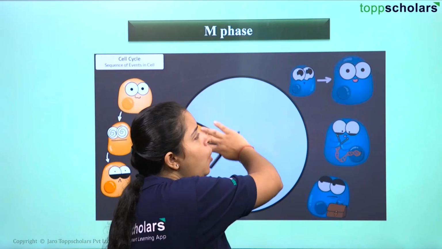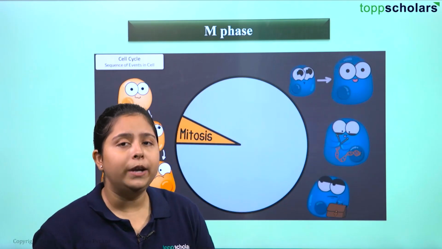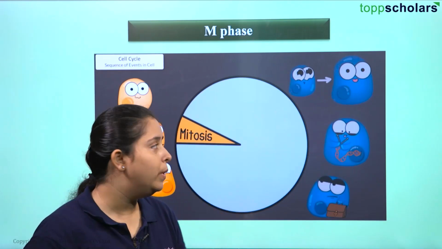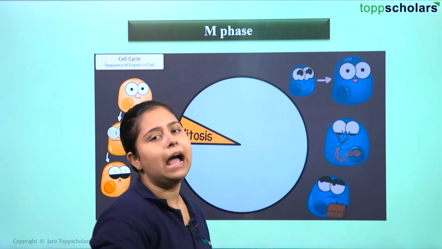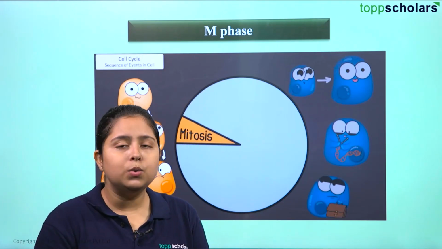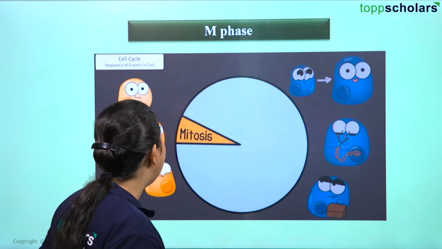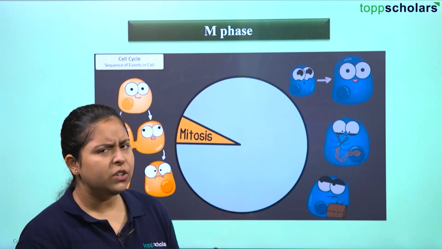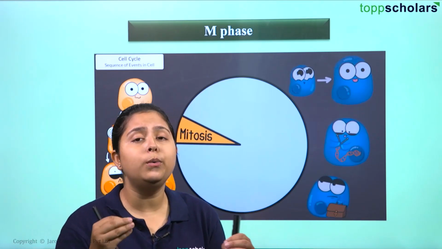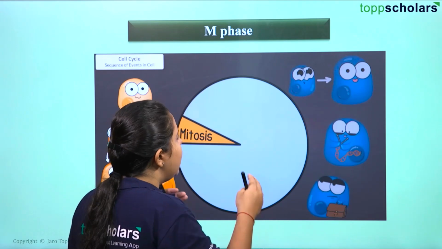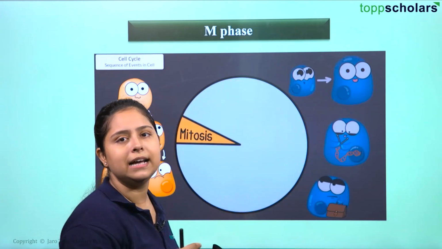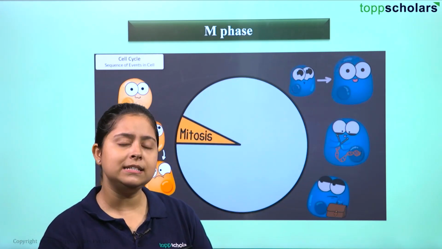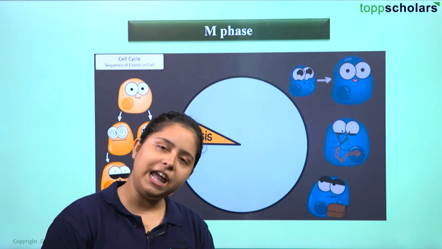So, the whole process in which you are getting ready to go to school will be the interphase, and you actually going to school and attending the lecture will be the mitosis. So, this is just an analogy for you to understand what is actually happening in the cell cycle in these two major phases, that is interphase and M phase.